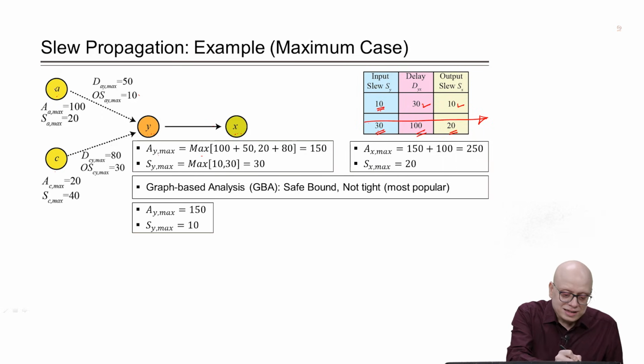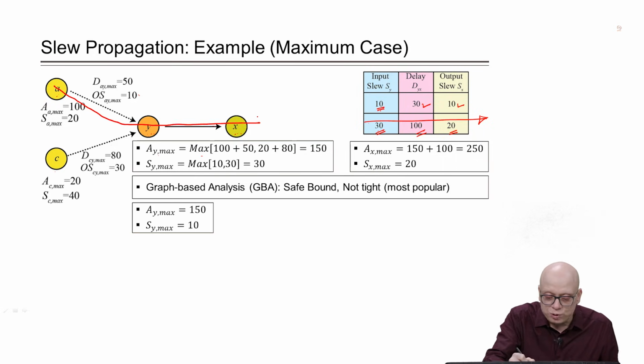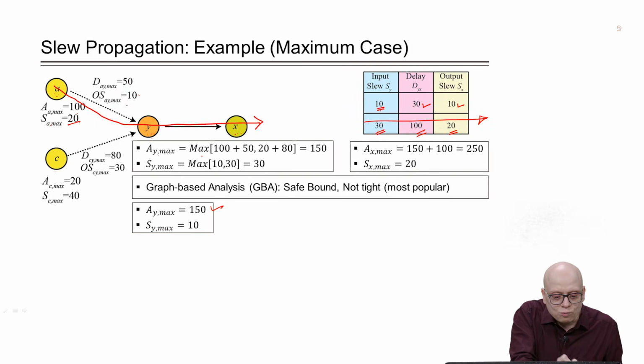Let us assume that the slew and the arrival time are both computed through A to y, right. If we compute the path from A to y, the arrival time will be 100 plus 50, that is 150, and the slew at y will not be 30, but only 10.